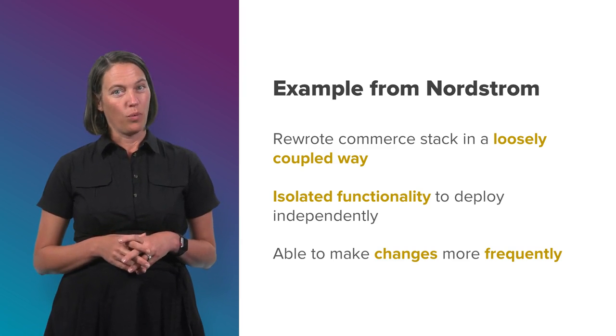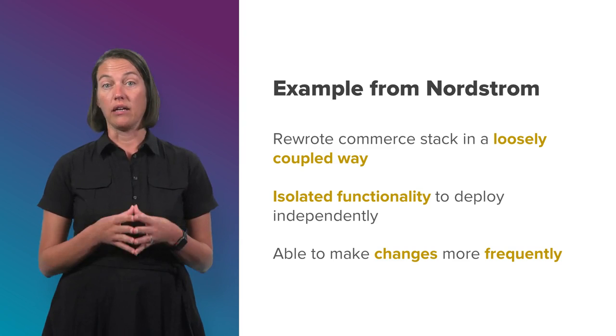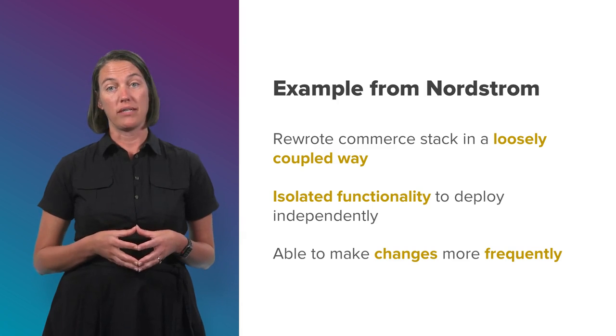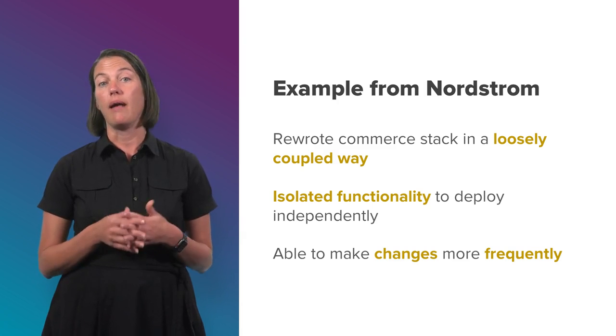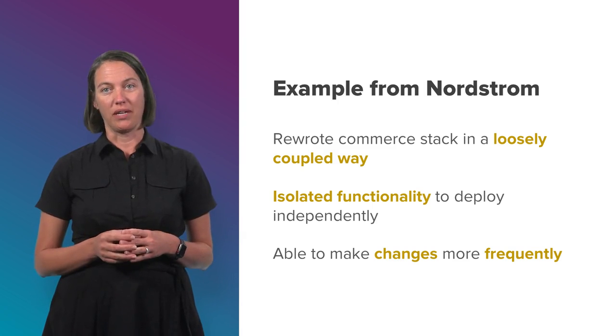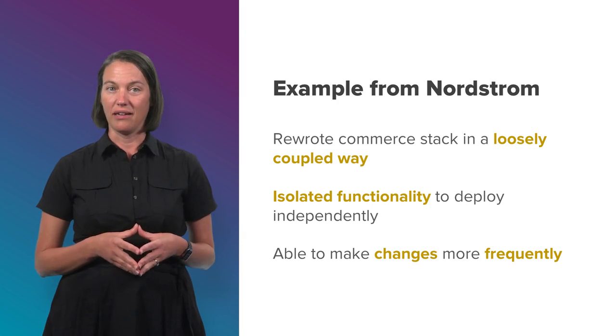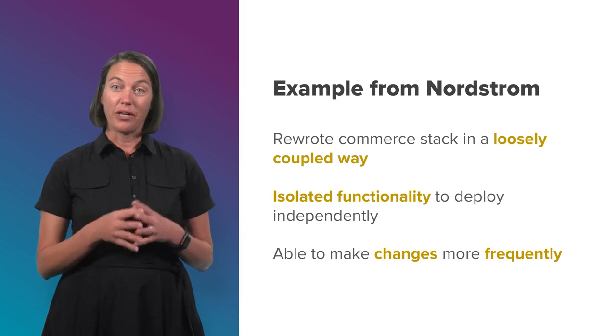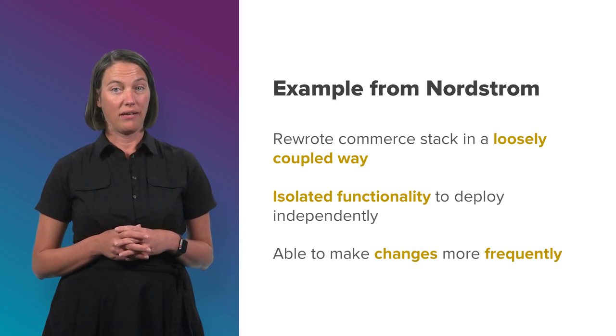At Nordstrom, we were rewriting our commerce stack in a loosely coupled way. Prior to that approach, most feature requests required 5 or more teams and months of development. As we started to build out smaller components, we were able to isolate functionality, test, and deploy in a more streamlined way.